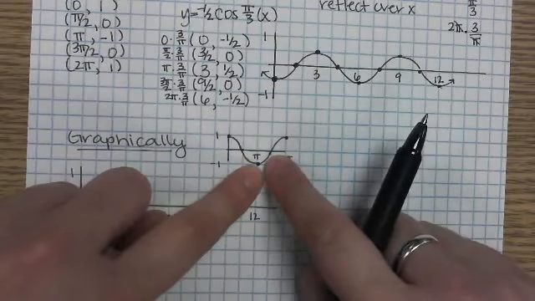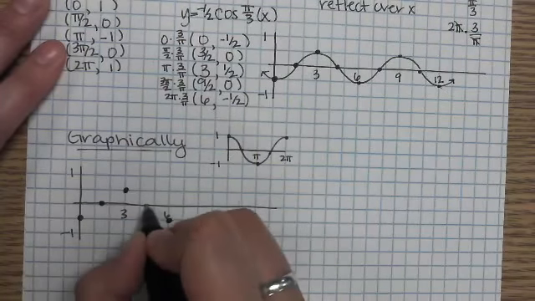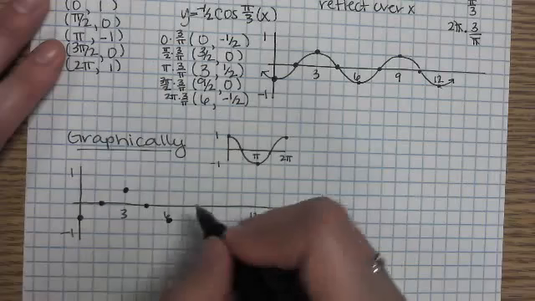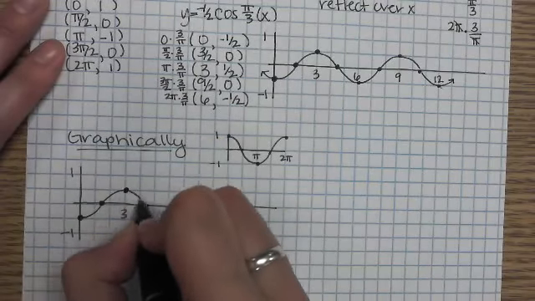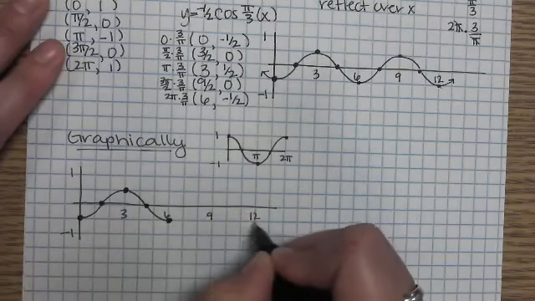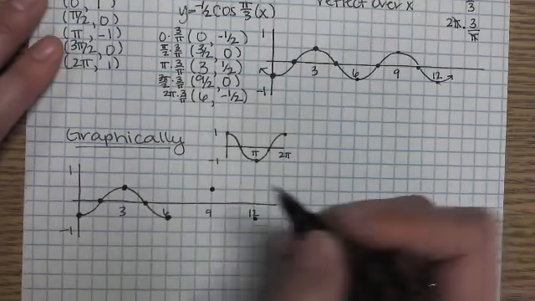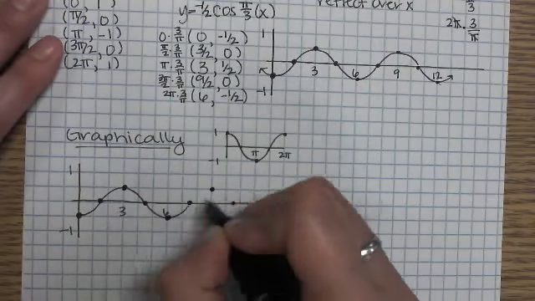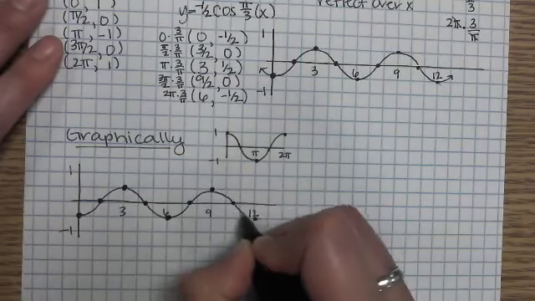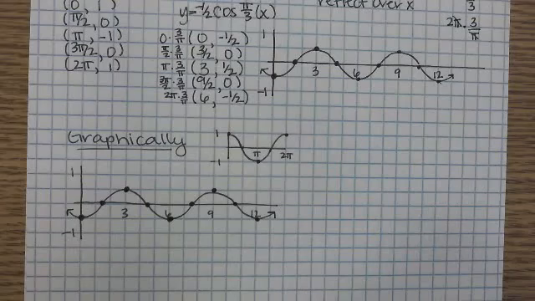So we cross over 0 and cross over 0. And then we can just continue that pattern. So start and end, in the middle, and then in the middle again. Always making sure to draw arrows to show that our graph is continuing on.